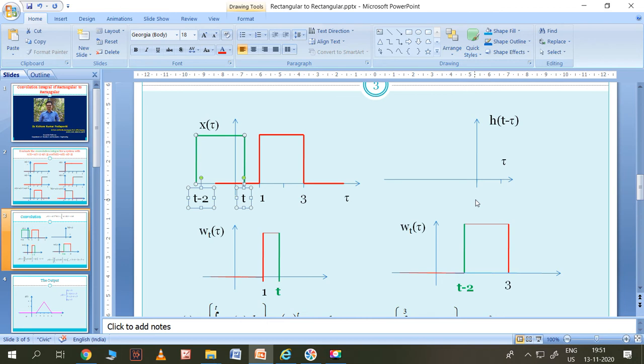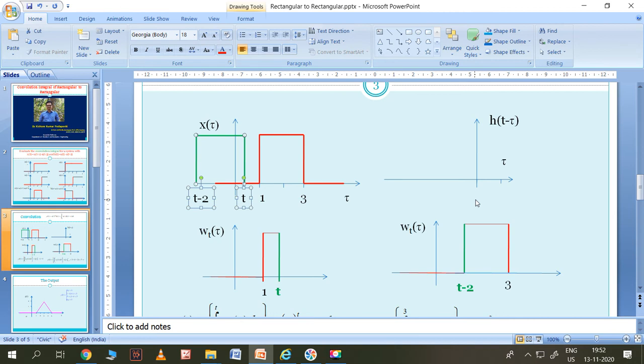How can this be done? This can be done by t. Here t is the variable, and I can change it from minus infinity to plus infinity, as we can already see it is the integration from minus infinity to plus infinity. So I keep on changing that one, and I am seeing the overlap period. If overlap is there, that means 1 into 1, the value will be 1. At least it is non-zero.